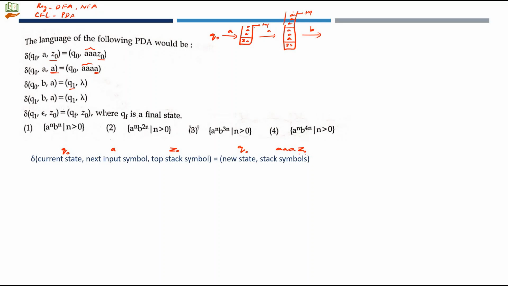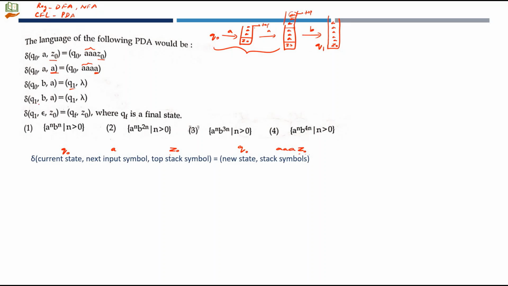It is this A. If we pop 1 A, how many A's will be remaining? 1, 2, 3, 4, 5 A's will be remaining. So we will place the 5 A's along with the Z0 configuration. This will be in Q1 state. So far we were in Q0 state and now we are moving to Q1 state after popping it.